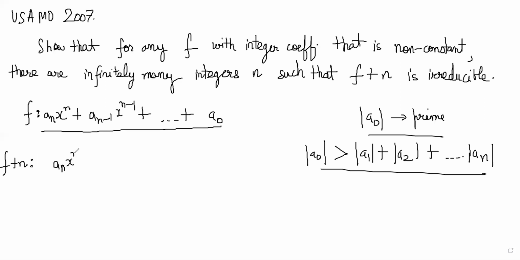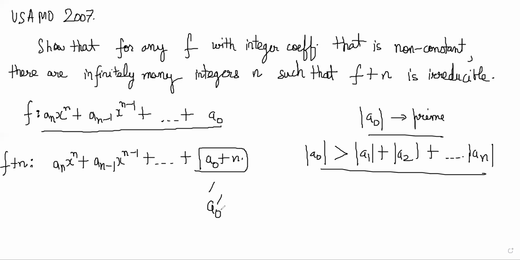So it is basically an xn plus an minus 1 xn minus 1 and so on, plus a naught plus n, right? So this is my new a naught for this polynomial. So what you have to ensure is that a naught plus n is a prime number, and basically pick a large enough prime so that it is bigger than the mods of all of the rest, right?